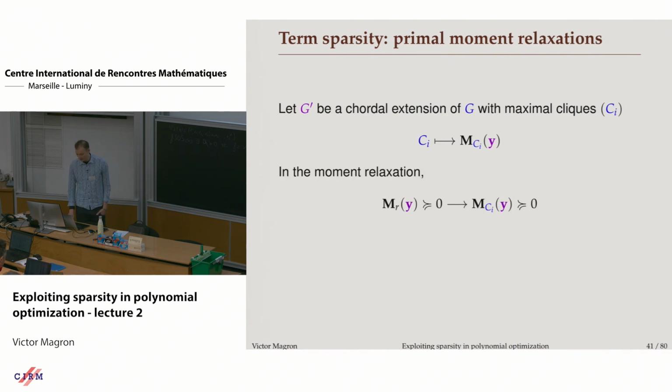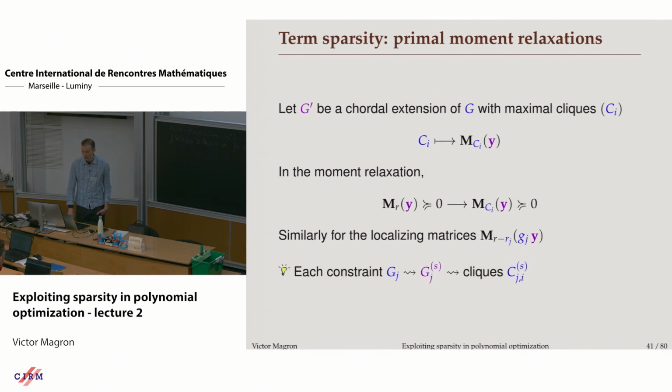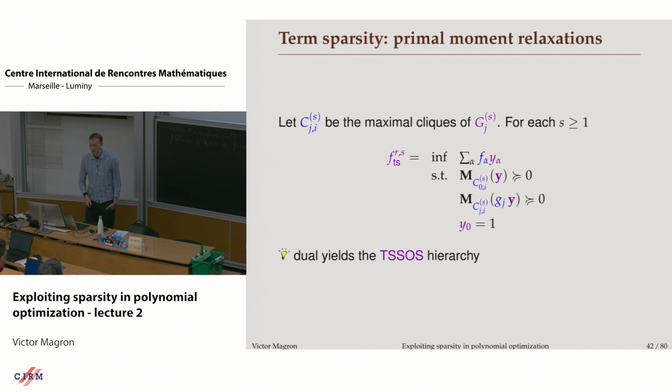Okay, so you replace one condition by these clique conditions, and then you do the same, of course, for the localizing matrices. So you have a different graph associated to the constraints, and then a lot of indices for each constraint and after a certain number of finite iterations. Okay, so this is the moment hierarchy exploiting term sparsity.